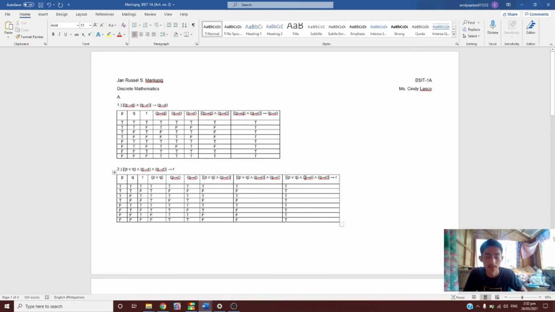The final answer is that all values are true. So this constant value amplifies the letter R.